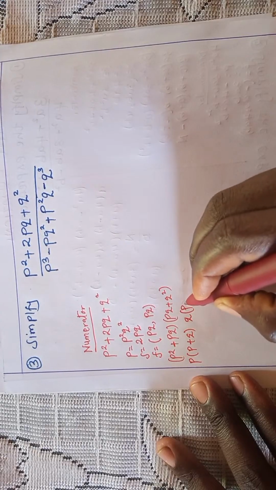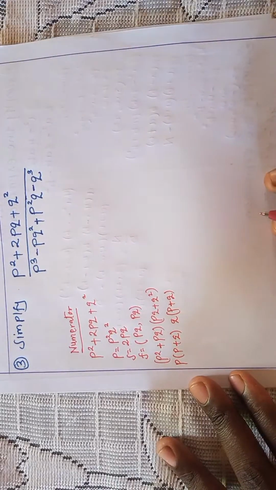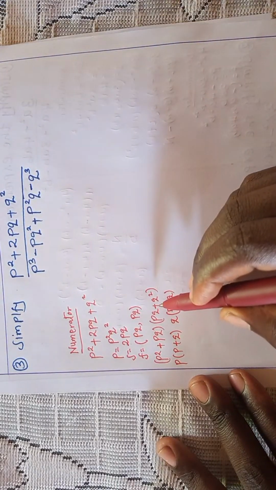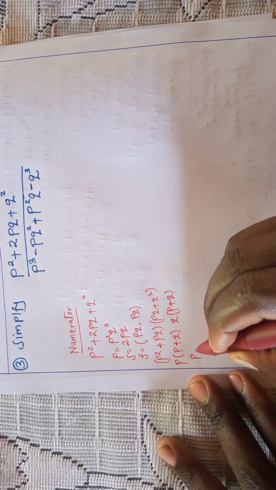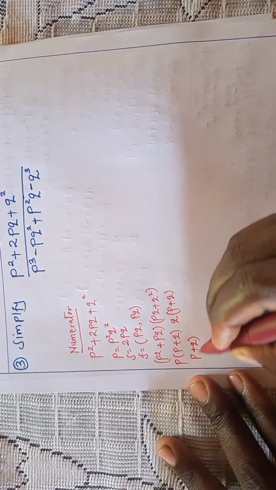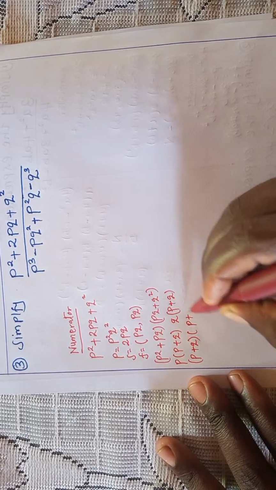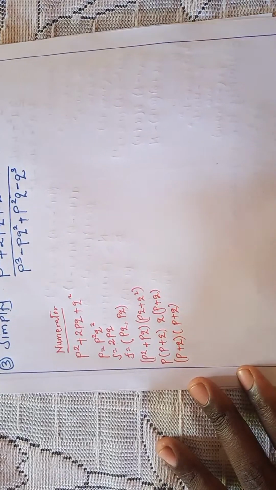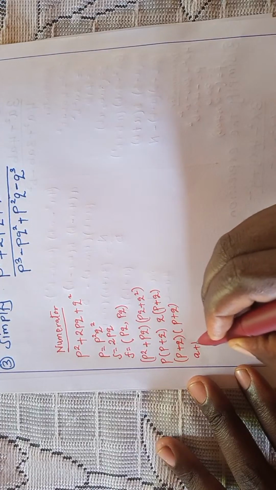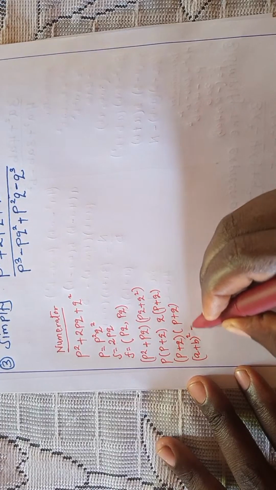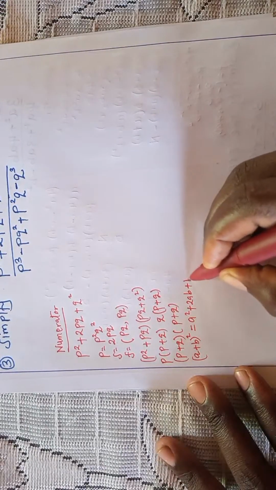If you multiply by p plus q, you'll get what we have in this bracket. Now, because the two brackets are the same, we end up saying it is p plus q multiplied by p plus q. Remember, we have used an identity that says a plus b squared is the same as a squared plus 2ab plus b squared.